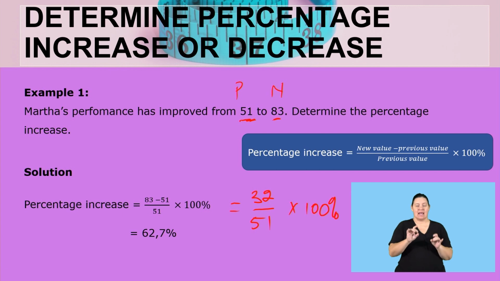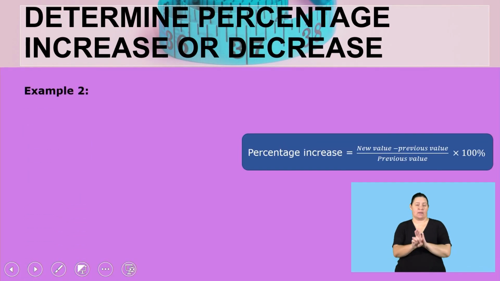Now, the examiner will always guide you how many values are needed after the comma. Since no values were mentioned in the question, any value after the comma will be acceptable. If the examiner has guided you to say one value after the comma, then you put that one value. The language we use is one decimal place, two decimal places, etc. Because it is not given, I leave my answer as 62,7.